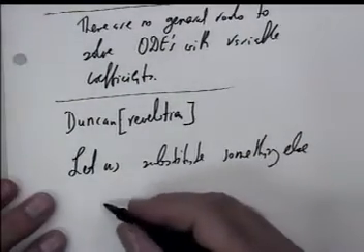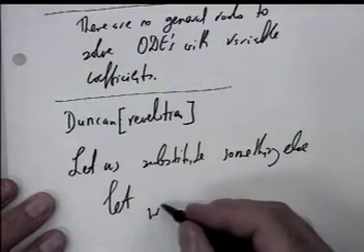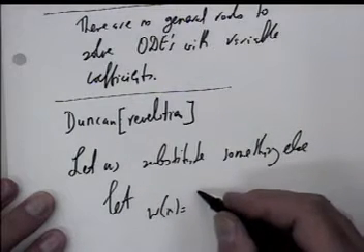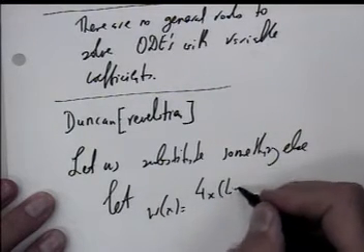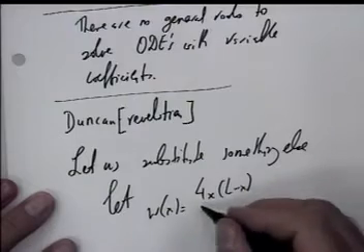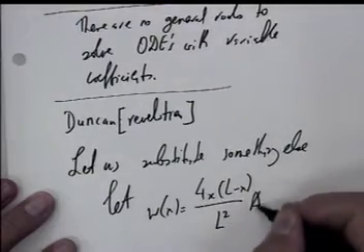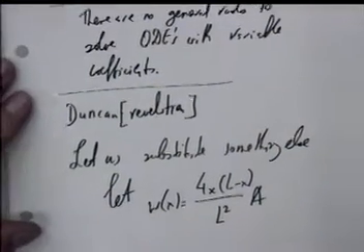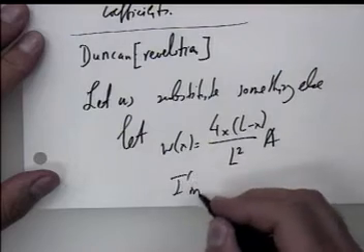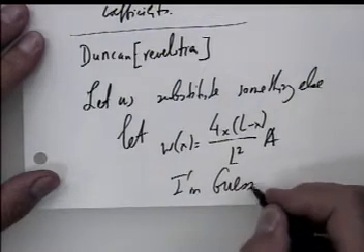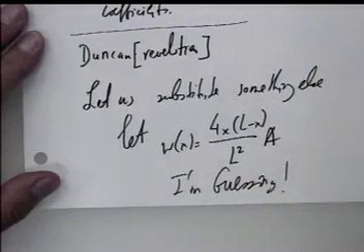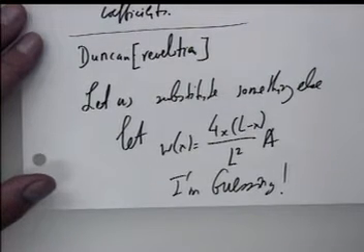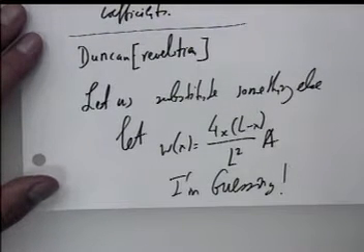He said, let w of x equal 4x L minus x L square A. That is what he says. I am guessing that is what he says. So he guessed the solution.